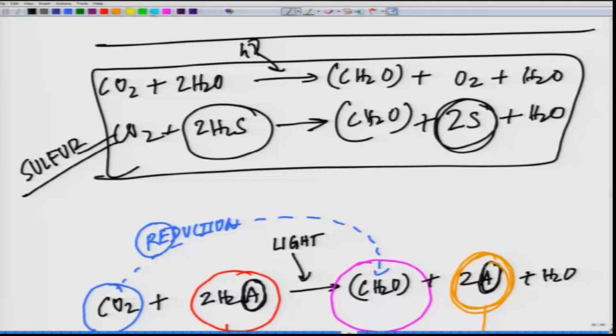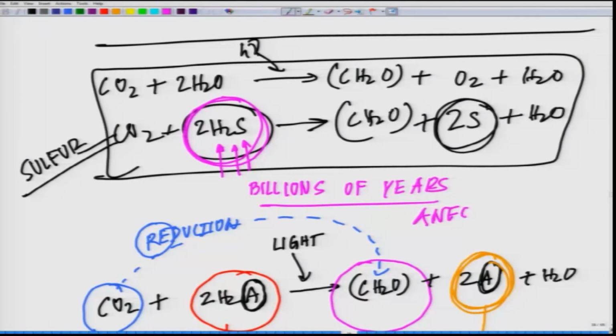The world was a harsh place, with a lot of hydrogen sulfide, and the perennial electron donor at that time was hydrogen sulfide. All those sulfur-loving bacteria survived some billions of years ago, and they can still be seen in anaerobic conditions.